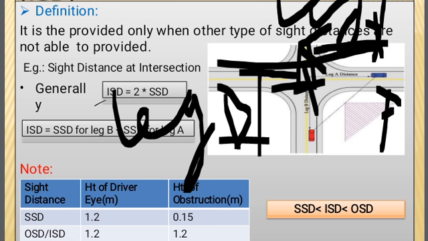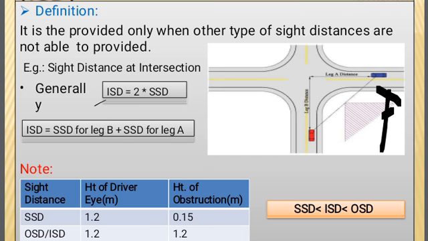The addition of these two distances gives the intermediate sight distance. It means the entire distance from this blue vehicle up to this red vehicle gives the intermediate sight distance.